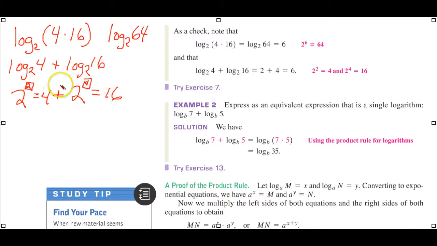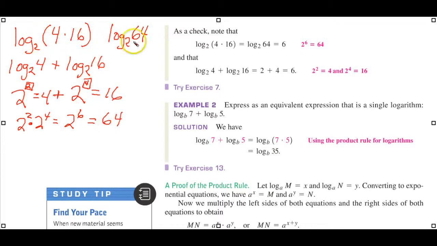Now, when we are doing this and looking at the previous slide or keeping it in mind, how do we do this? We go 2 to the second times 2 to the 4th would be equal to what? 2 to the 6th. And what is 2 to the 6th? 64.